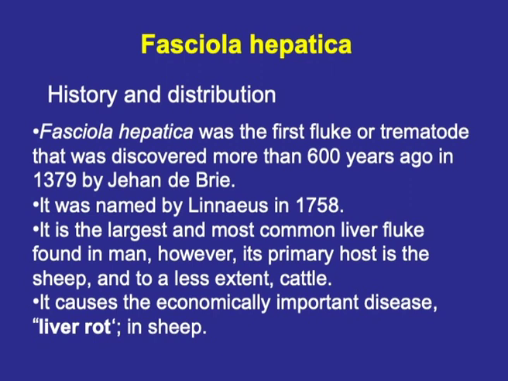It is a large fluke, which we can see with the naked eye, and it causes liver fluke disease, that is liver rot, which is most common in human beings, but the primary host is sheep, and to a lesser extent other cattle may also get infected by this parasite.